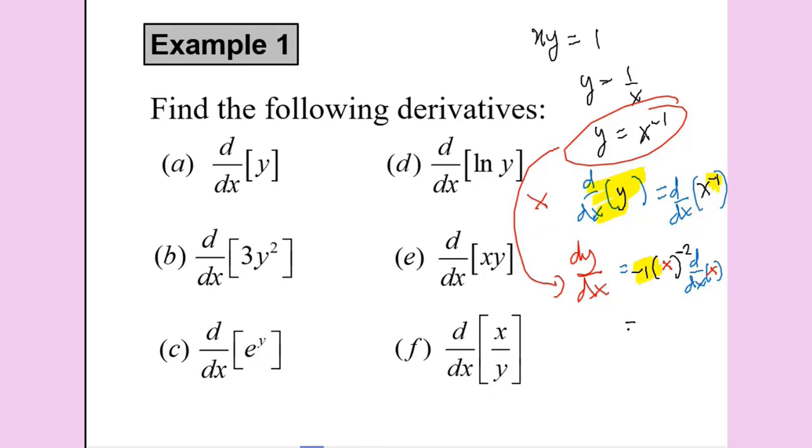Simplify to get negative 1 times x to the power negative 2, times dx over dx. Dx over dx is equal to 1. So the answer is negative 1 over x squared.